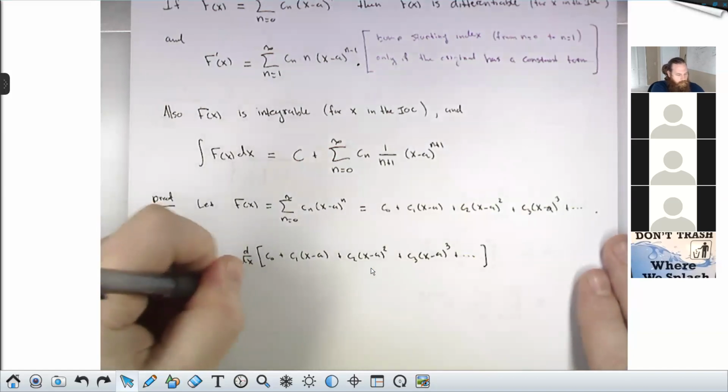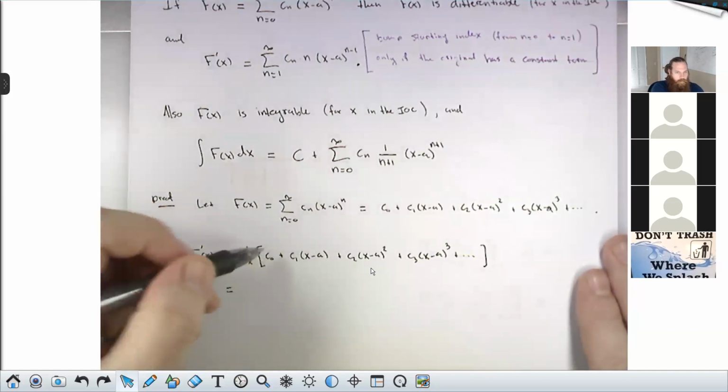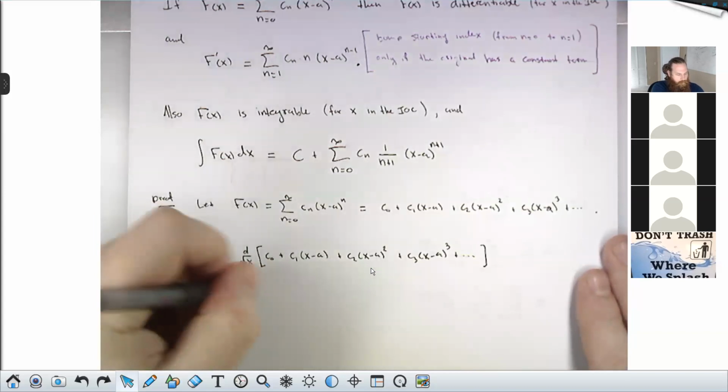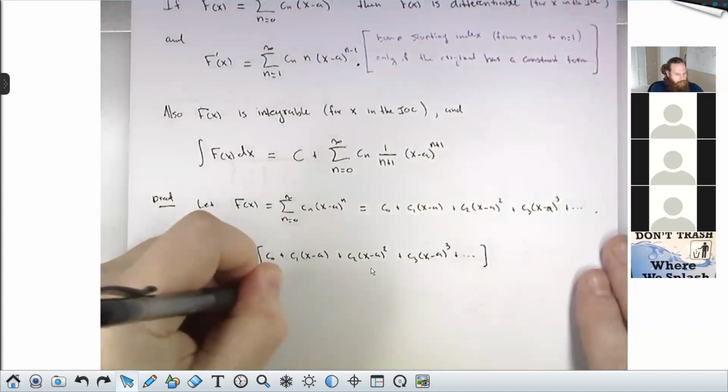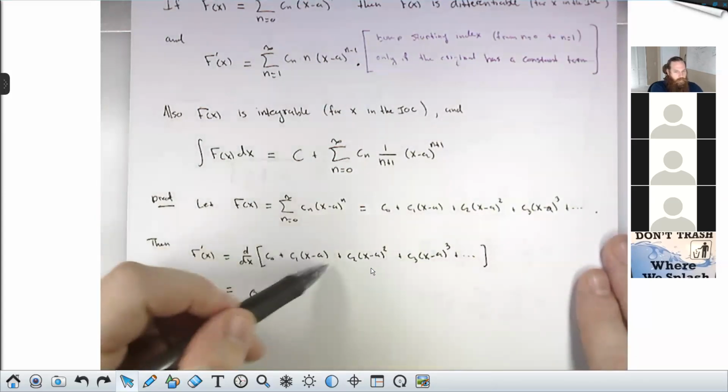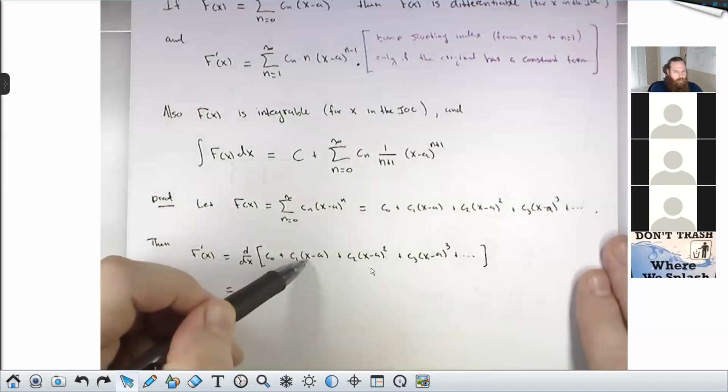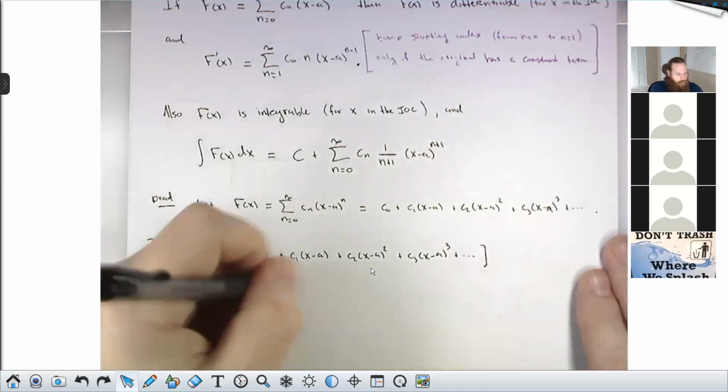If I differentiate C0, this constant term, it will become 0. Derivative of a constant is 0. Plus, if I differentiate C1 times (x minus a), the derivative of x minus a is just 1, so I get just C1.